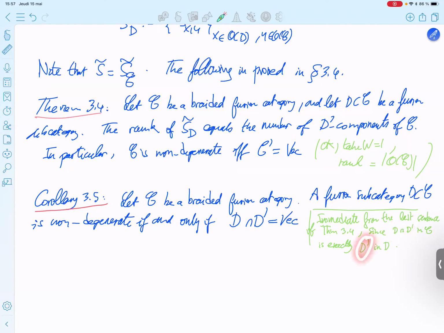The notion of centralizer depends on where the category is included in. I will mention that later, but there is a very nice analogy with the notion of commutant of a set included in some von Neumann algebra. You can consider the commutant of this set, and it looks like the notion of centralizer.